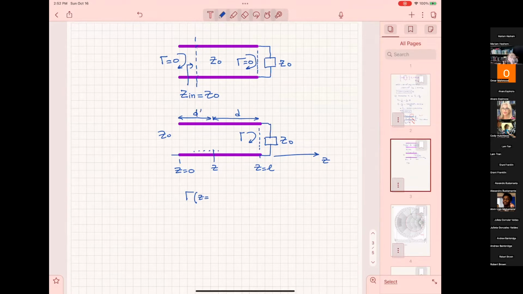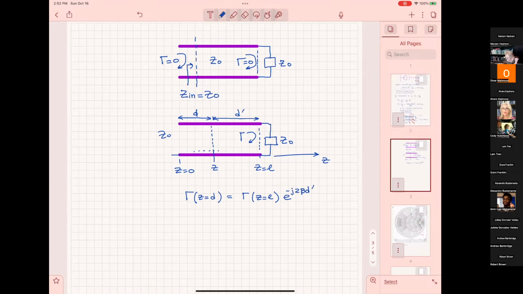Gamma at Z equals D will be equal to gamma at Z equals L times e to the minus j 2 beta D prime.